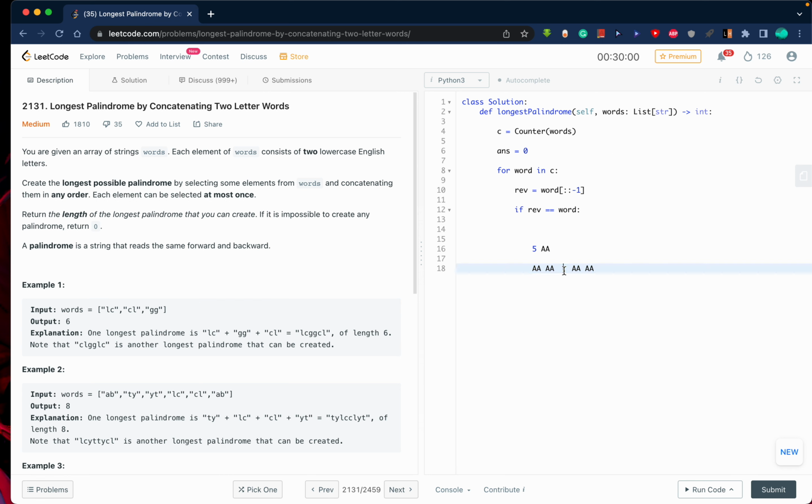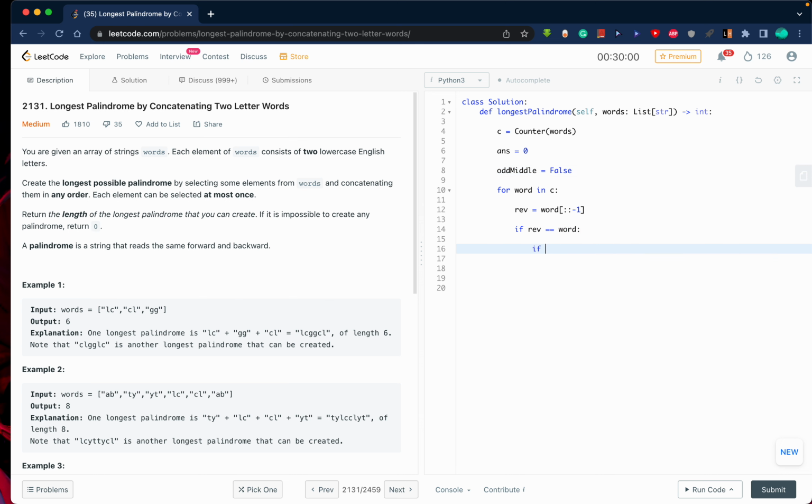And if there is at least one odd AA remaining, I try to put it in the middle, right? So I need a boolean value that says there is an odd one which I can put in the center. Currently I assume I don't have it.